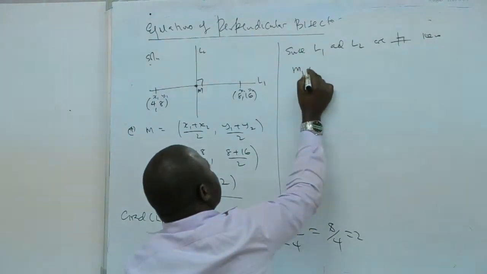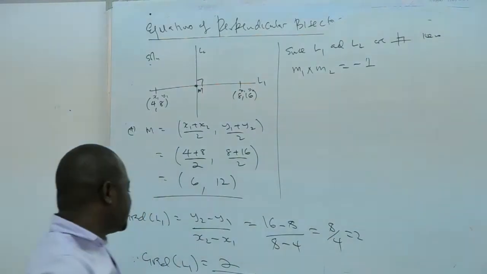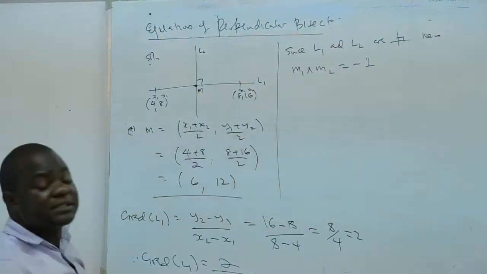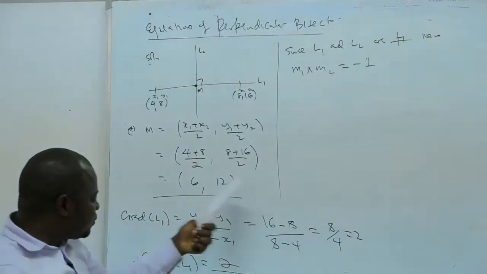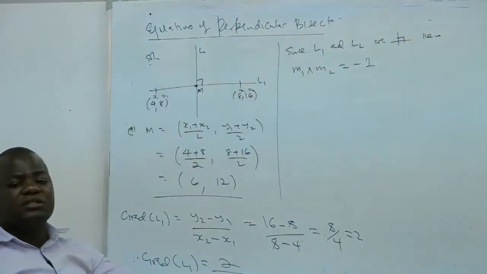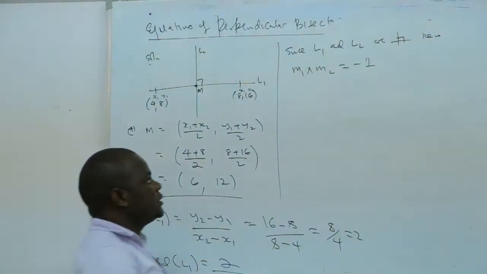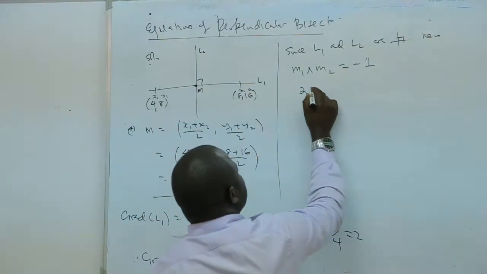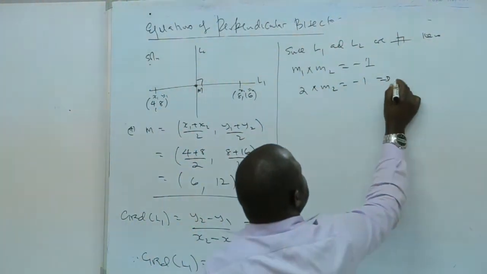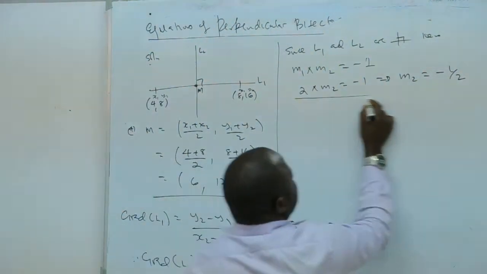So you substitute the gradient of line 1, which you have got. If this was an equation, you could have rearranged it to get the gradient properly. So it is just a matter of substituting: 2 times M2 equals -1. So it implies that M2 will be equal to -1 over 2. So we have got the gradient of that.